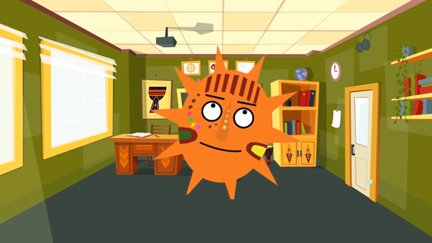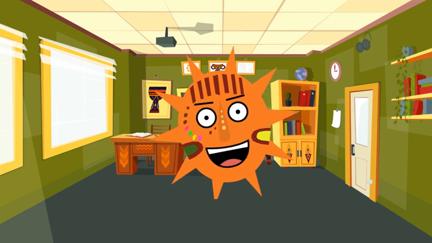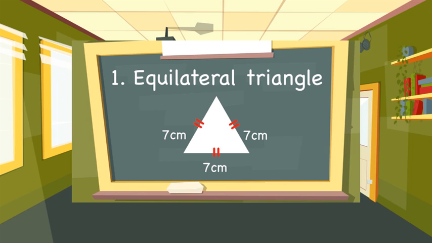So if it is an equilateral triangle, what is the size of one angle? If the total is 180 degrees and there are 3 equal angles, we divide 180 by 3 to get 60 degrees. So each angle of an equilateral triangle measures 60 degrees.